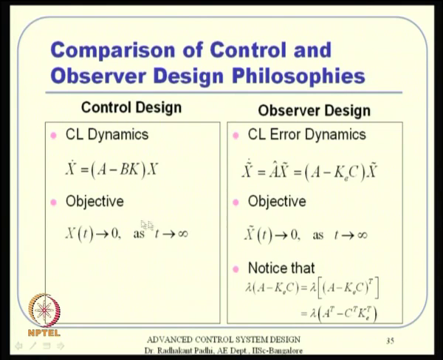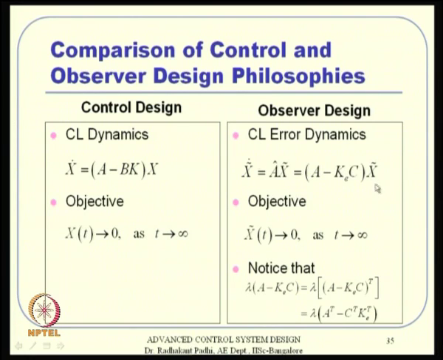So, it is very parallel to what you have seen there. The only difference is that k appears on the right hand side there, whereas K E appears on the left hand side here. K E stands for the gain of the estimator.